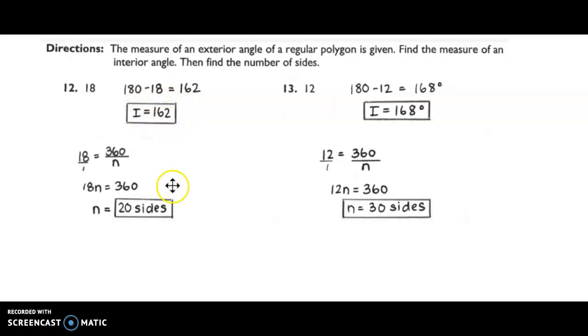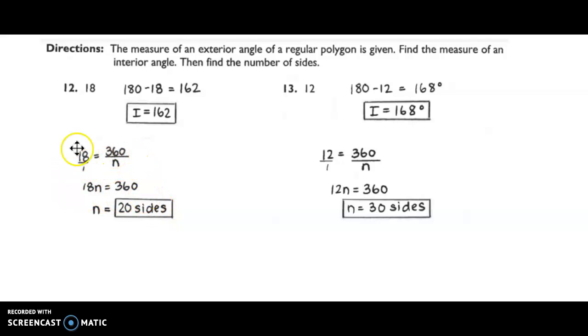And then we have this setup here. Remember, for any polygon, the exterior angles add up to 360. So if 18 is one exterior angle, then 360 divided by n is going to be 18, because n represents the number of sides. And so in this case, there are 20 sides.